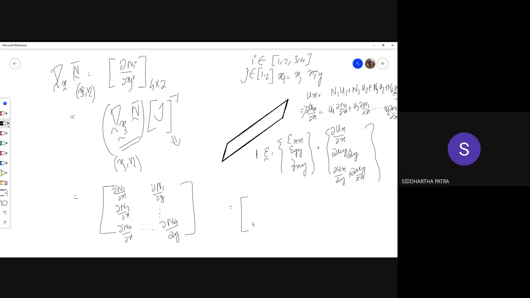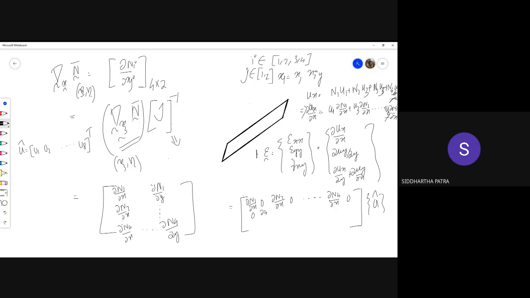So basically the first row is del N1 del x 0, del N2 del x 0, and ultimately del N4 del x 0, times u hat, where u hat, I keep on repeating this, is u1 u3 u5 u7, the odd numbers are basically along the x direction, up to u8 transpose.